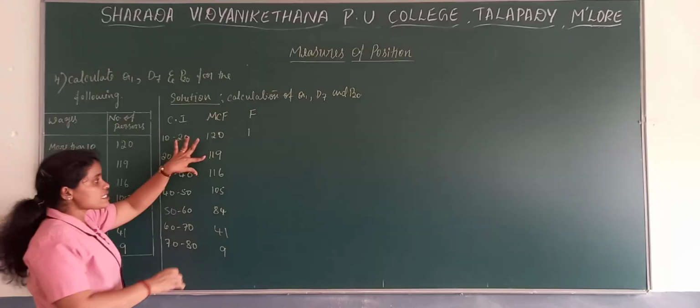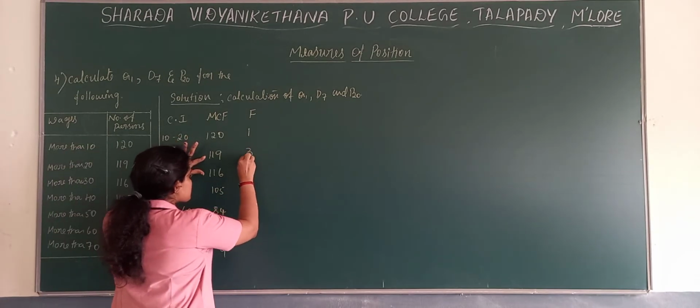How to find frequency from MCF? We need to deduct the second value from the first value in case of MCF. From LCF to frequency, we deduct from the lower value to the upper value, but here we deduct from the upper value to the lower value. So 120 minus 119, you get 1. 119 minus 116, that is 3.